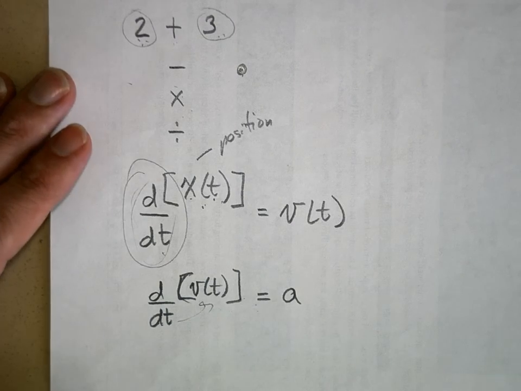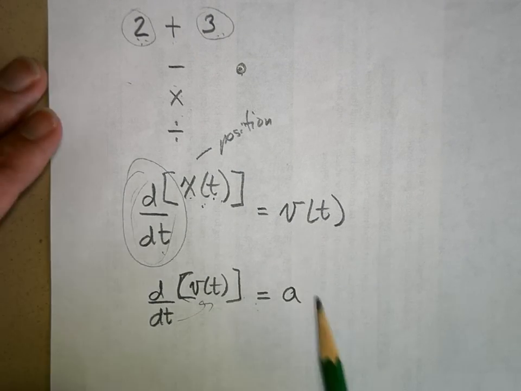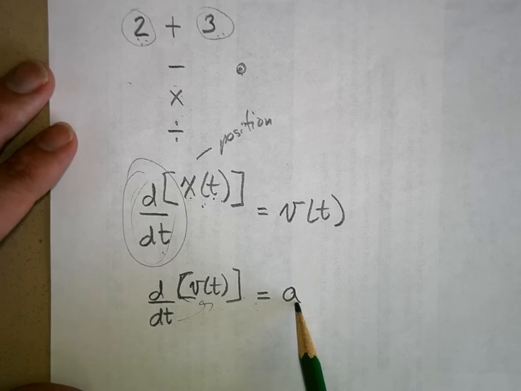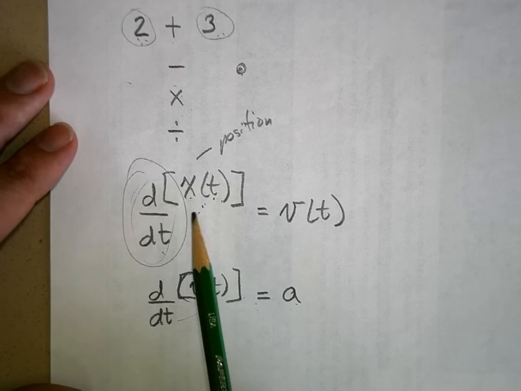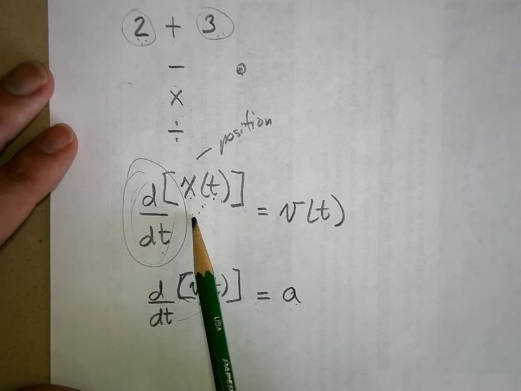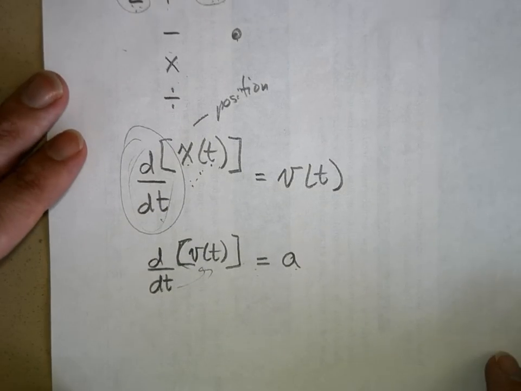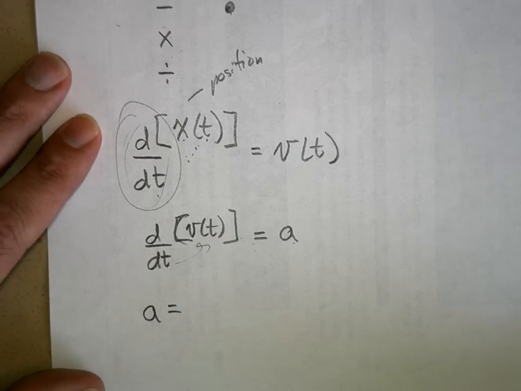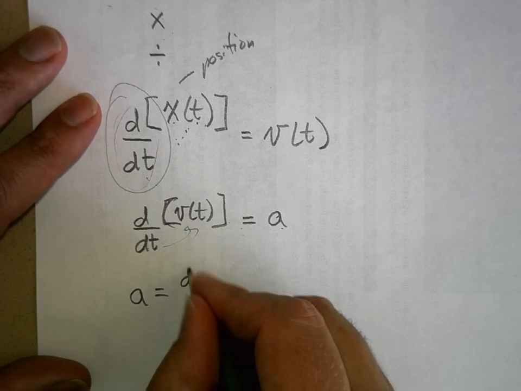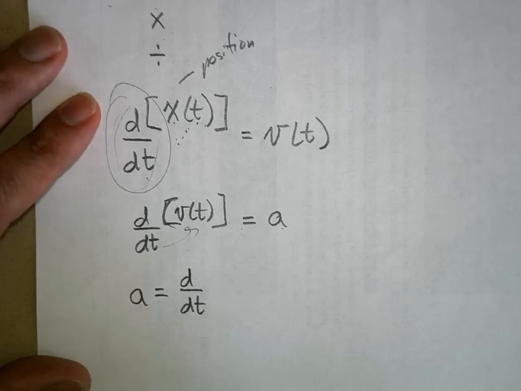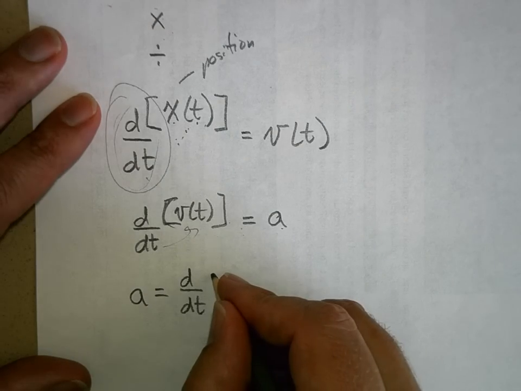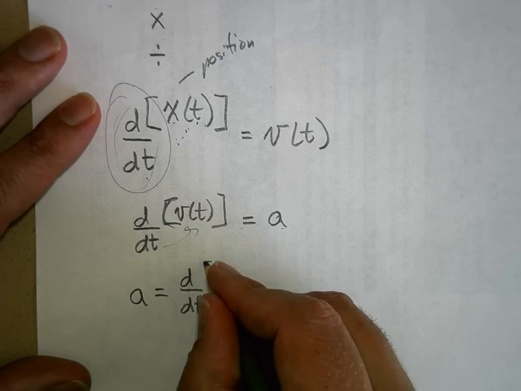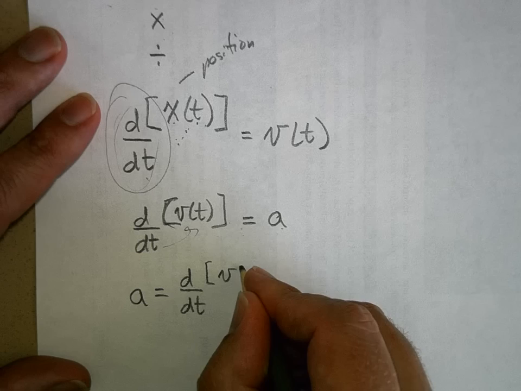But this means that acceleration is what I get when I operate the derivative on the position function twice. You see, let's go backwards. The acceleration is the derivative operator operated on the velocity function.